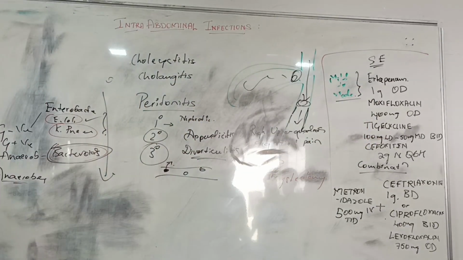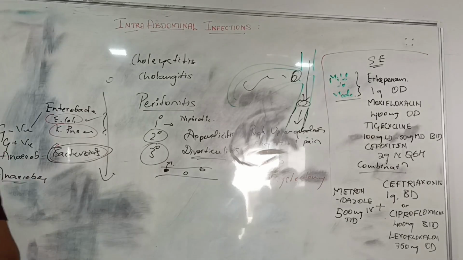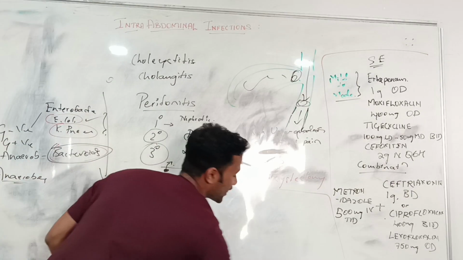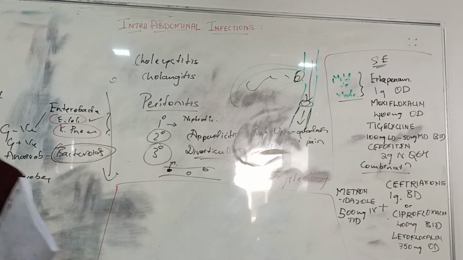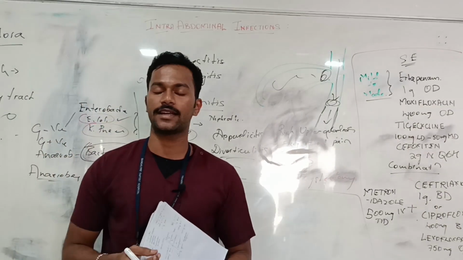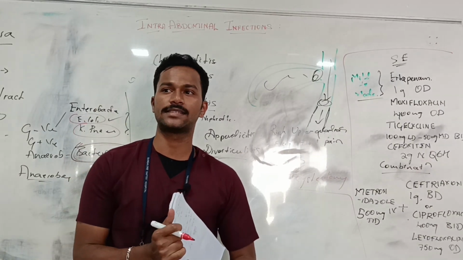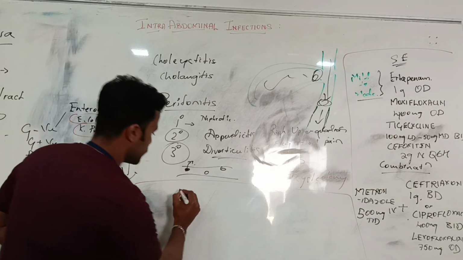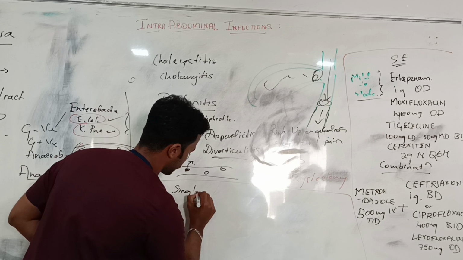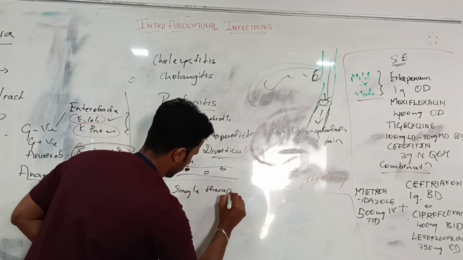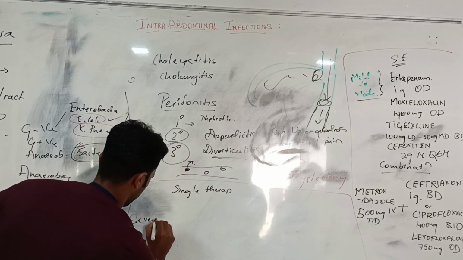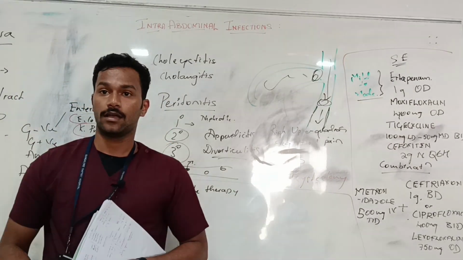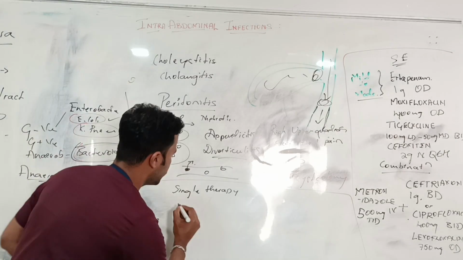So in case of severe, like very severe cases or complicated cholecystitis or hospital acquired cholecystitis, we start here, again single therapy. We use piperacillin and tazobactam.